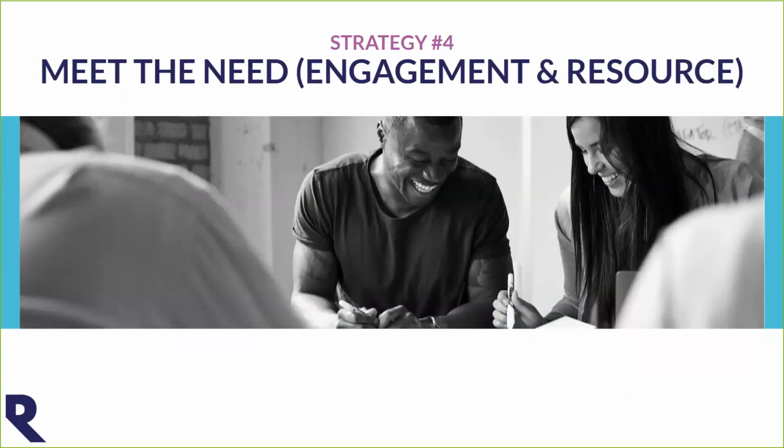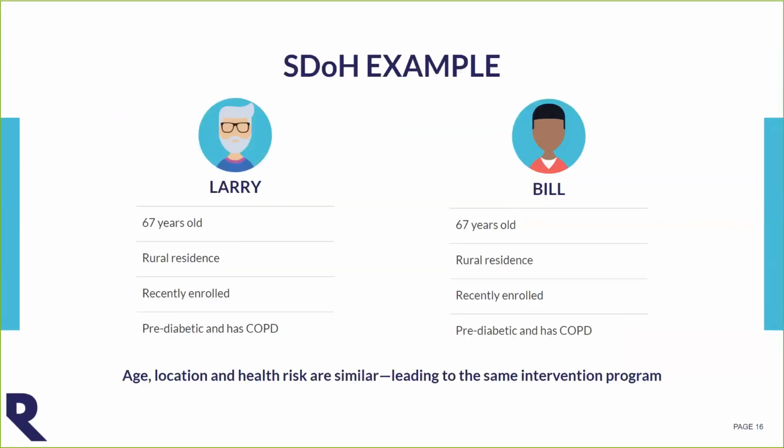And so let me tell you a story, kind of bringing this all together. This is a story about Larry and Bill. Larry and Bill, on paper, both look very similar. This is the type of information that a payer or a provider would have. We would know the age of both of these individuals.